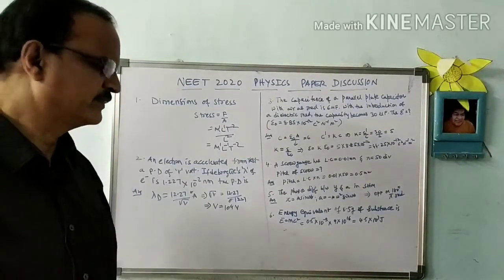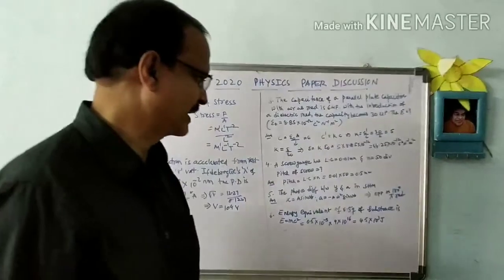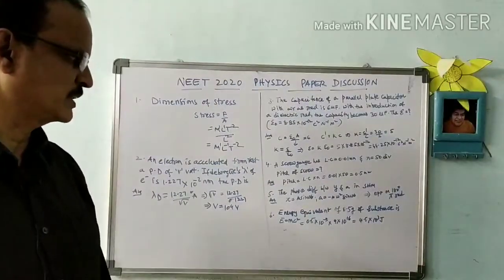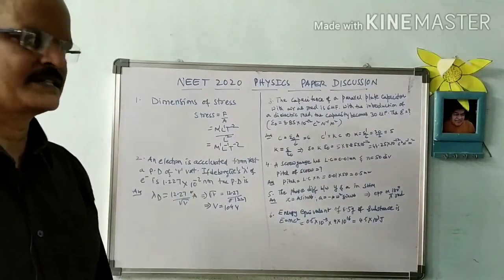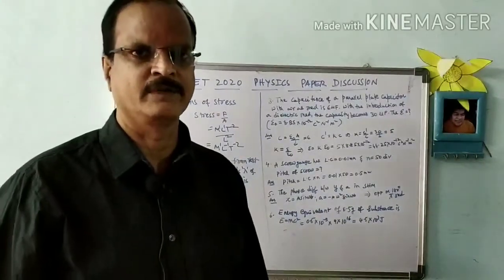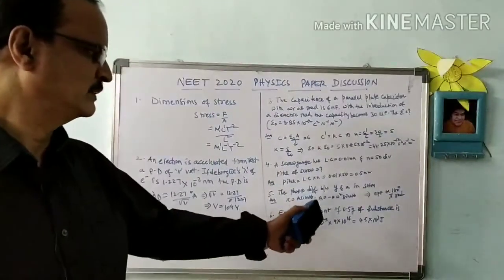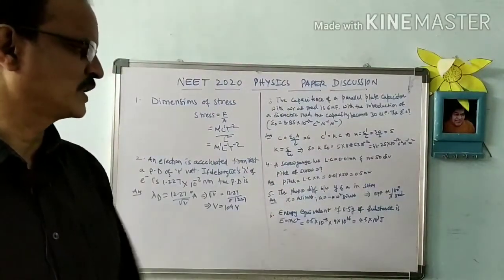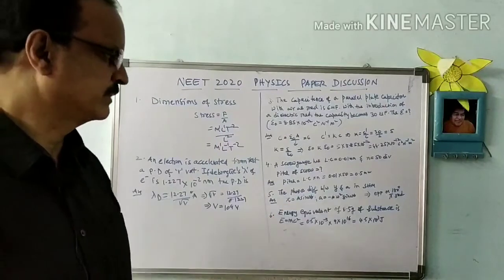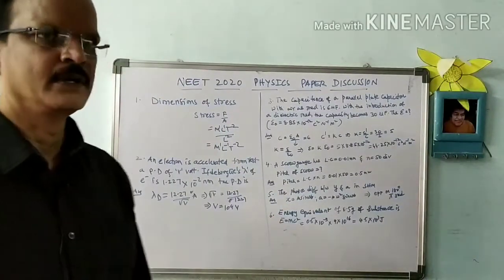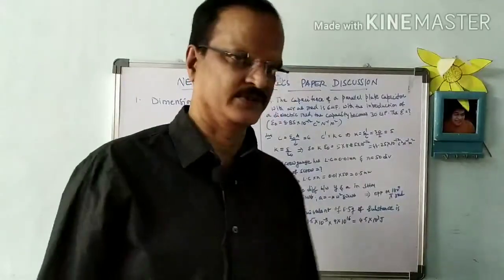The mass here is 0.5 grams. You convert it into kilograms, so 0.5 into 10 to the power of minus 3, into the velocity of light, which we know is 3 into 10 to the power of 8 meters per second. So 3 into 3 is 9 into 10 to the power of 8 squared, meaning 10 to the power of 16. If we multiply it, we will have 4.5 into 10 to the power of 13 joules.